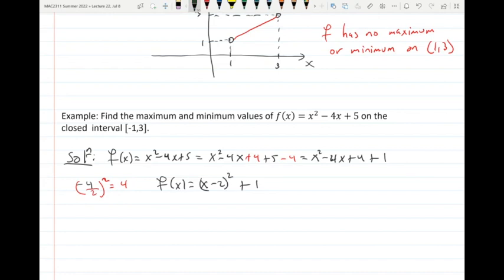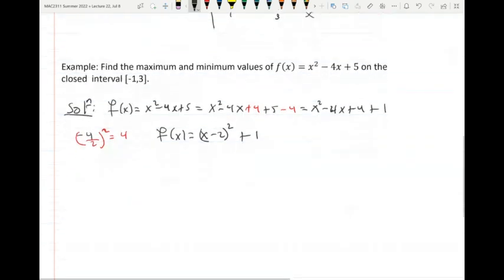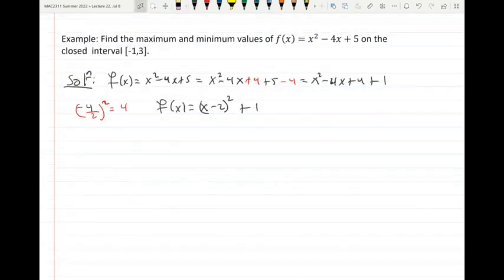By doing this, we can very easily graph the function. The vertex is the point (2, 1), and we know it opens up. So we are ready to sketch the graph. By the way, you can also find the vertex with the formula: the x is negative b over 2a, and once you know the x of the vertex, you plug it in to find the y.